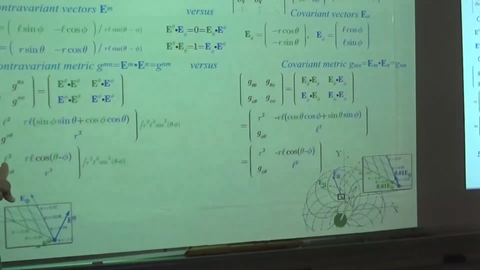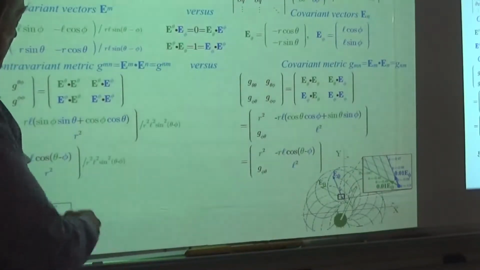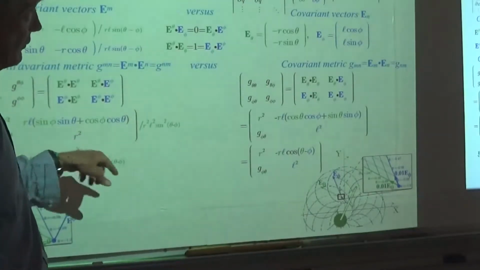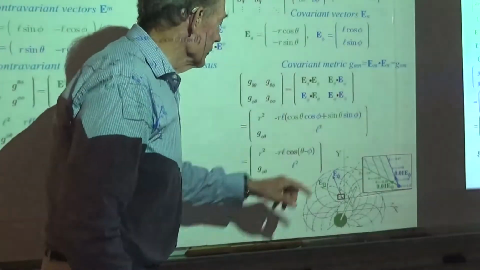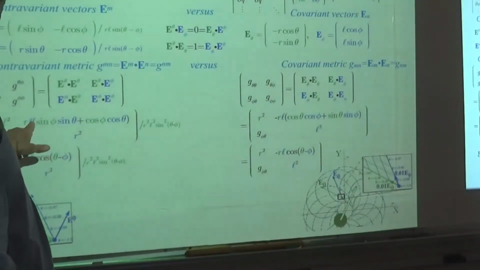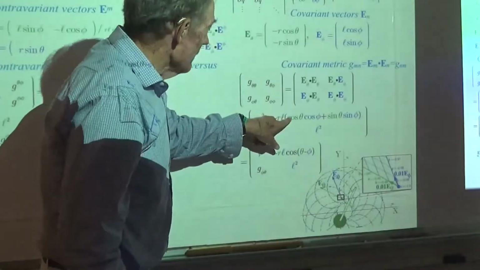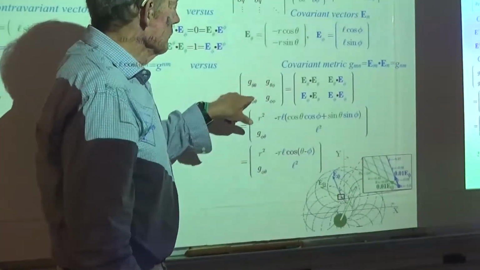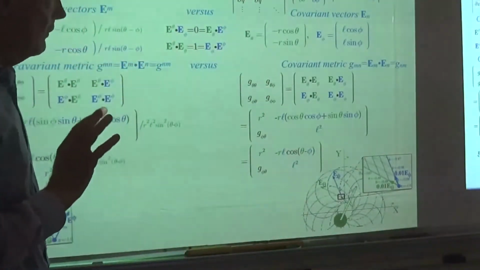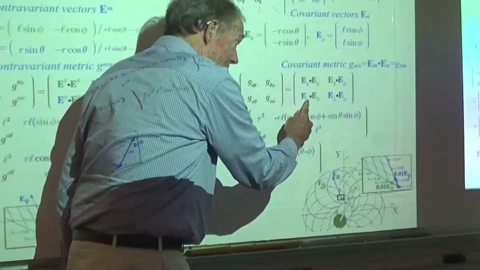So here, the main difference is, first of all, you'll notice that it comes out with the L squared and the R squared switched from R squared, L squared. It also comes out with a minus sign on the off-diagonal component. This is equal to that. These geometric coefficients are making a symmetric matrix. This is always equal to that.